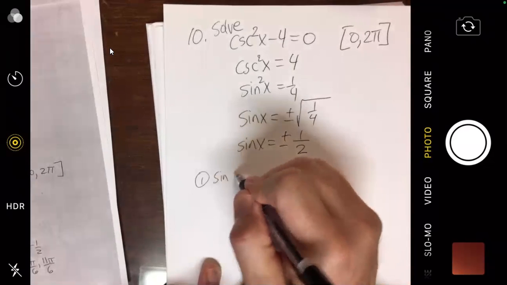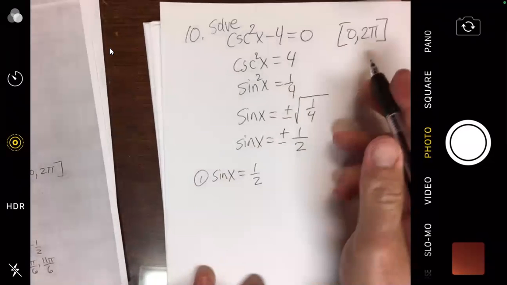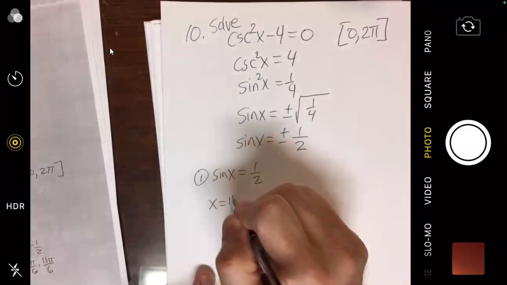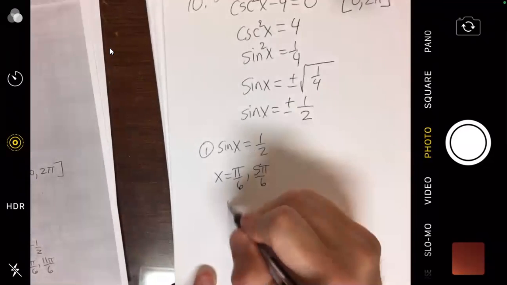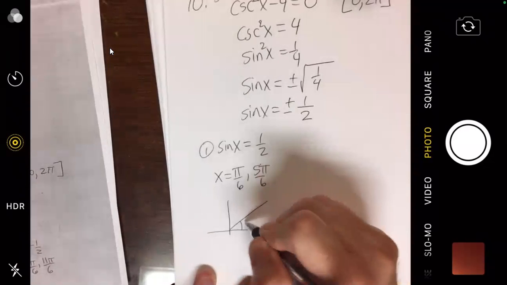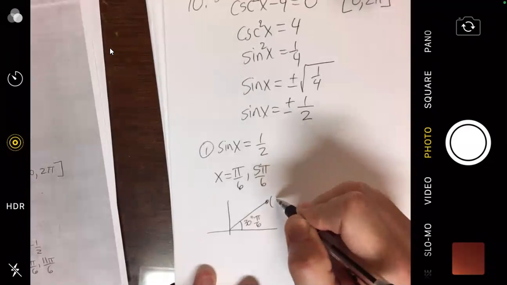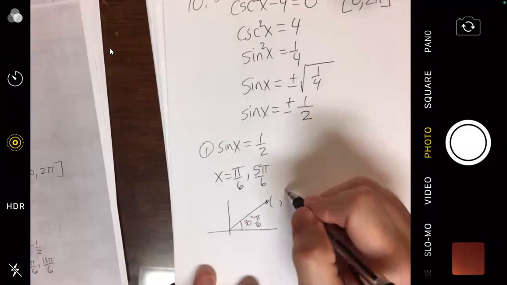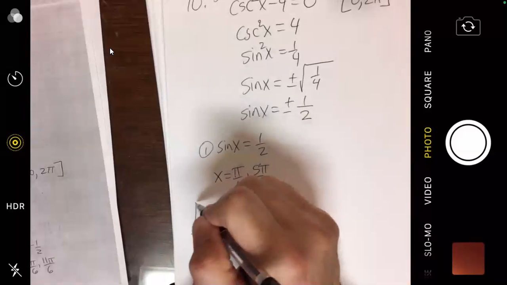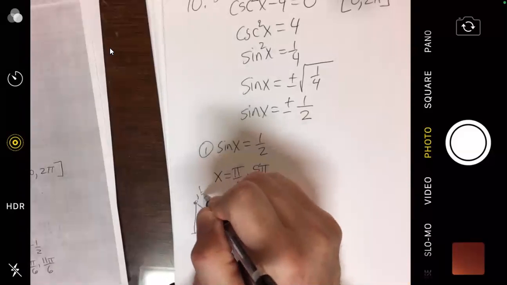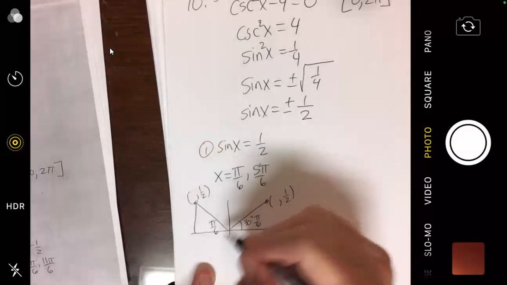So split it up. Take 1/2. And again, on 0 to 2 pi, can you tell your x is going to be pi over 6 and 5 pi over 6? If you need to see it drawn out, it's basically 30 degrees. We care about the y coordinate 1/2. And the other place you have the same y coordinate 1/2, with a pi over 6 reference, is pi over 6 short of pi.